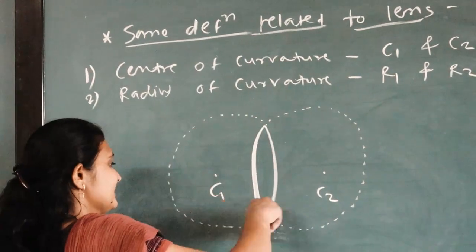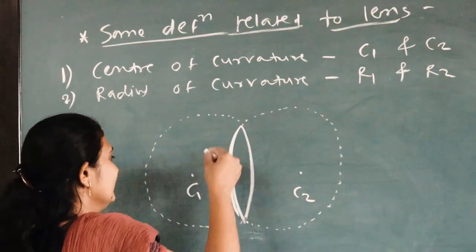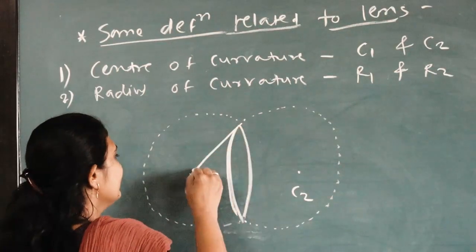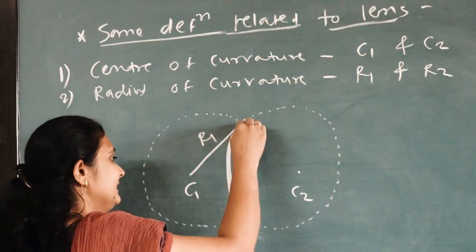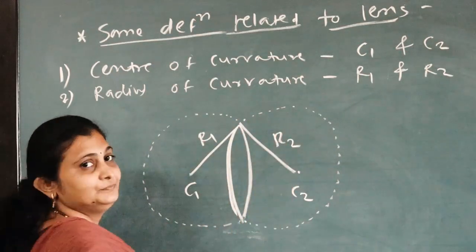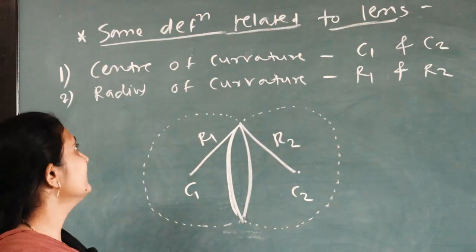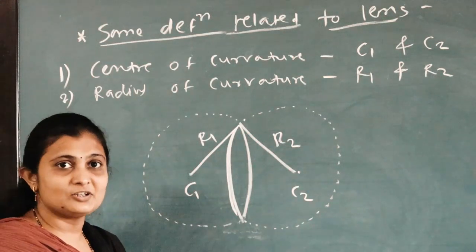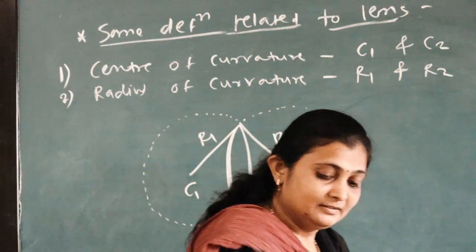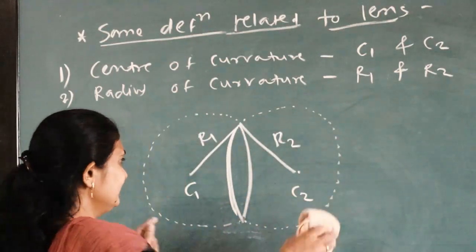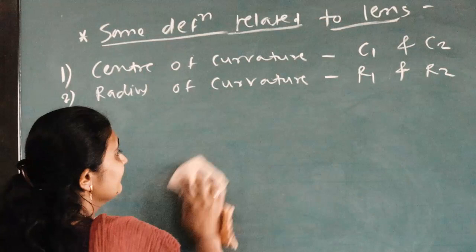Again, consider this is the R1 radius and this circle has radius R2. Understood? Both definitions, center of curvature and radius of curvature: center and radius of the sphere from which that lens is made.